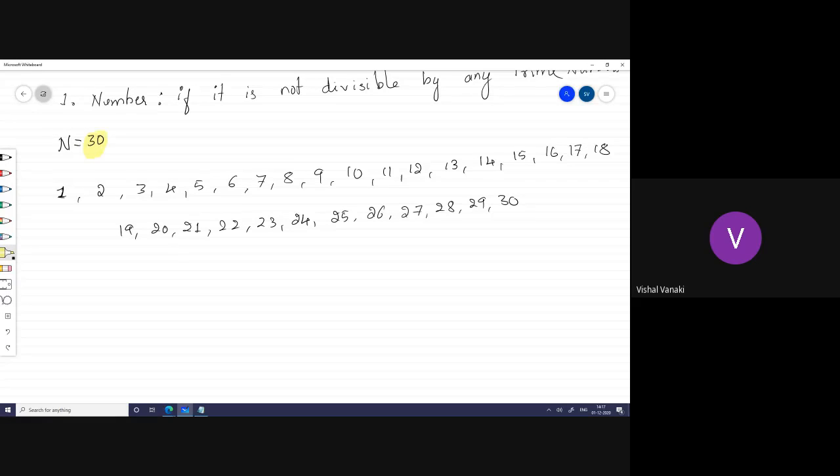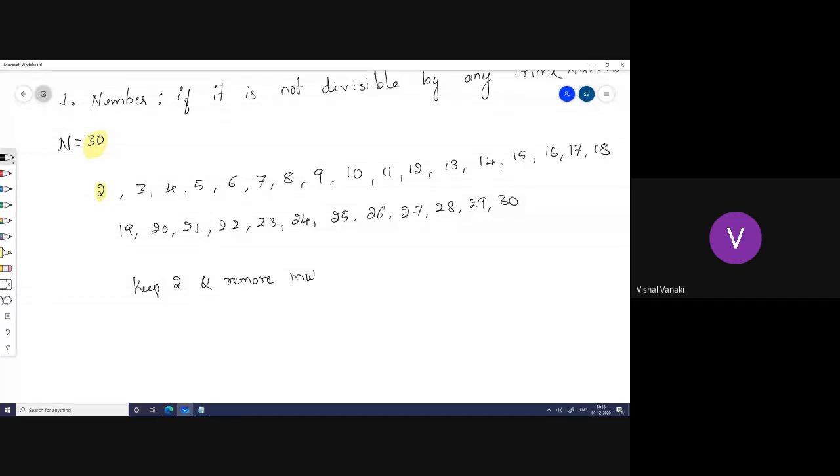The first number, 1, is not a prime number, that we know. So let us ignore that. Now, which is the next prime? The next prime number is 2. So keep 2 and remove multiples of 2.